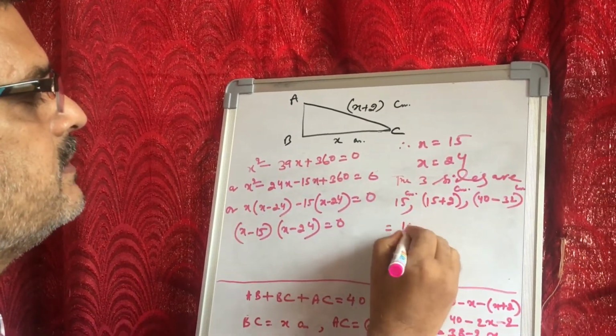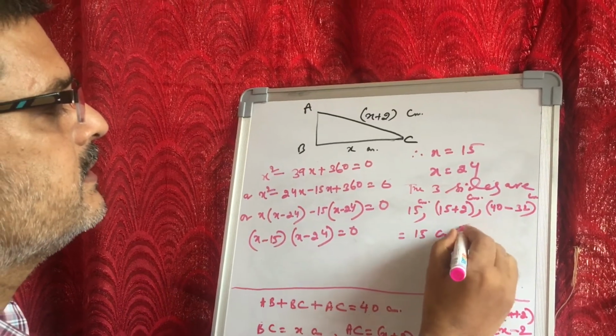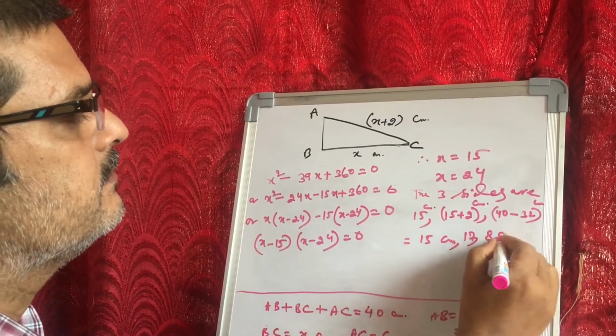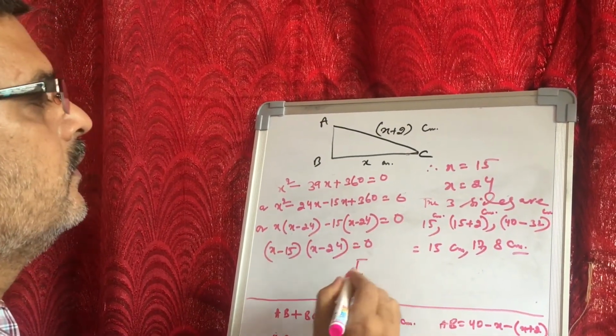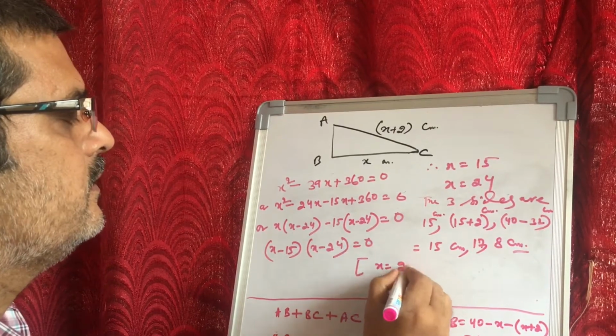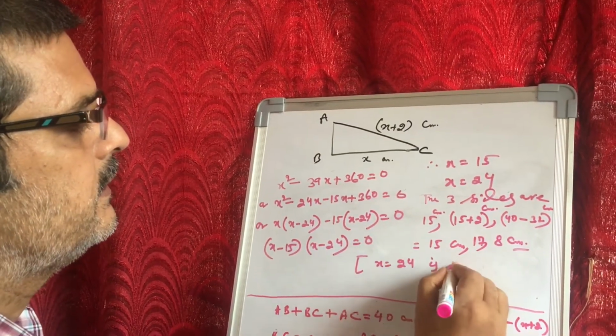So it will be 15 centimeter, 17 centimeter and 8 centimeter. X is equal to 24 is invalid.